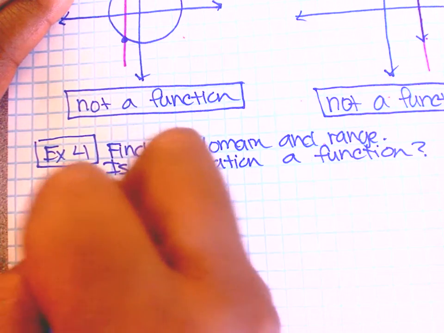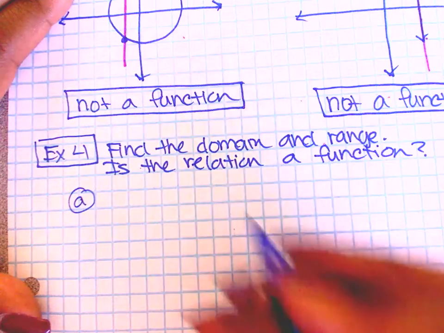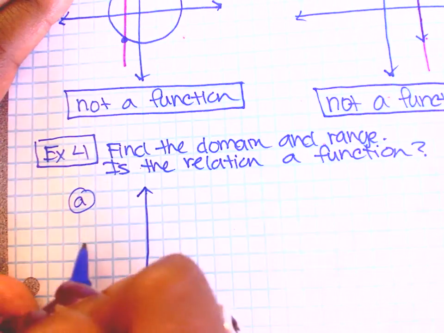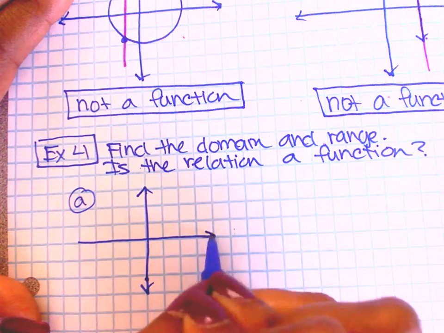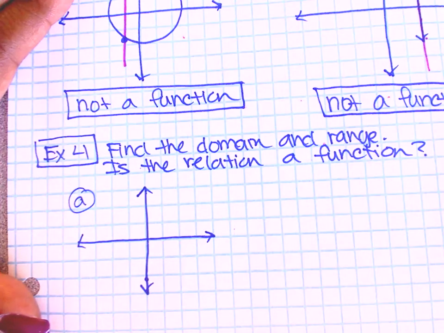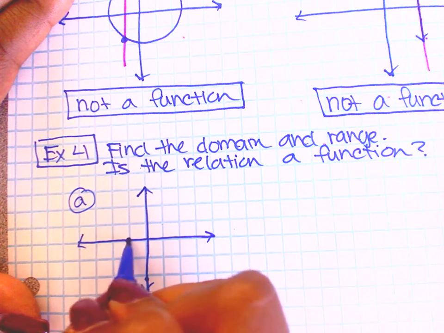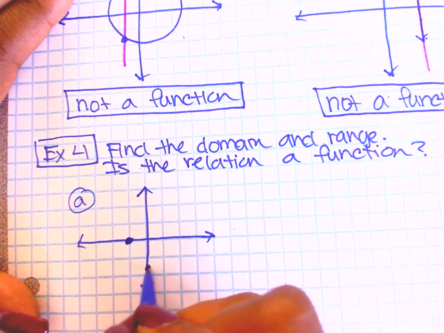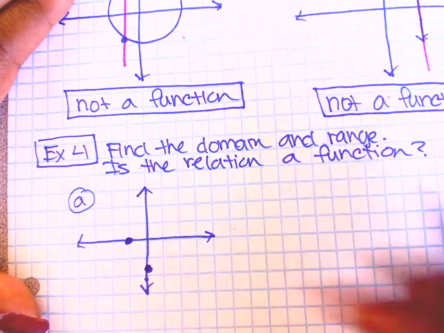So letter A, graph, is going to look like this. It doesn't have to be very big. I'm going to have a point on this line. And I'm going to have a point right here. And that's where my line is going to go through.